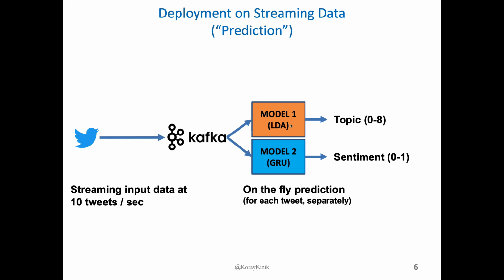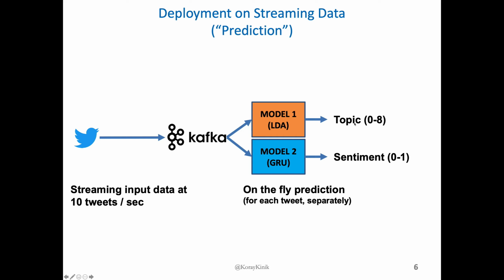The streaming pipeline looks like this. My streaming Kafka producer is consuming these tweets from a pool of raw text and feeding them into a Kafka topic. And a streaming application, on the other end of the pipeline, is consuming from this stream and applying these two models as a black box.